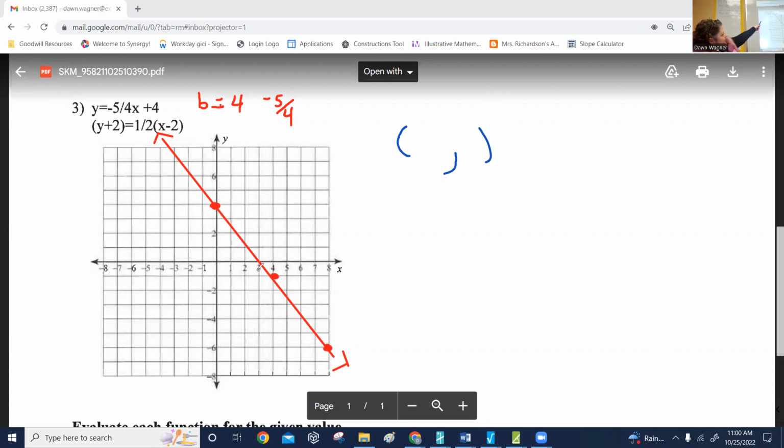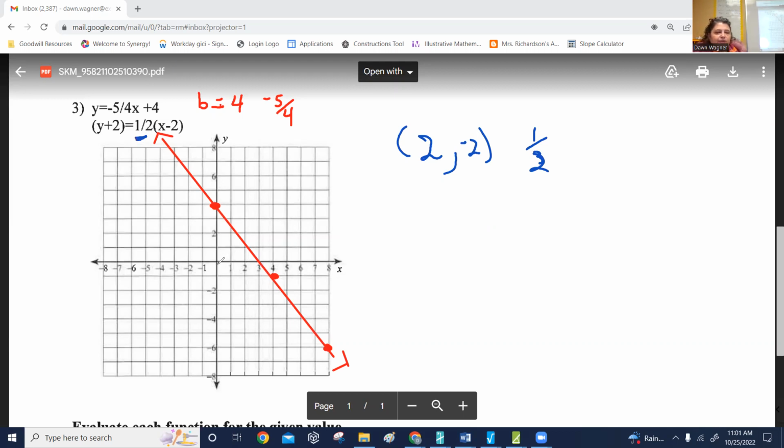So it says minus 2, so I write plus 2. Then the one with the y, it says plus 2, but I'm going to write negative 2. You always do that with point slope form. And your slope is 1/2 because that's the number in front right here.